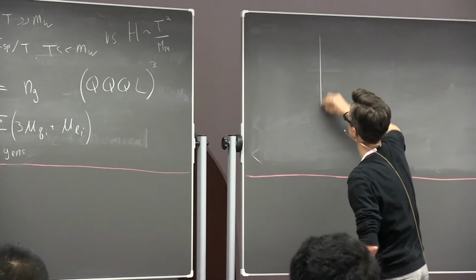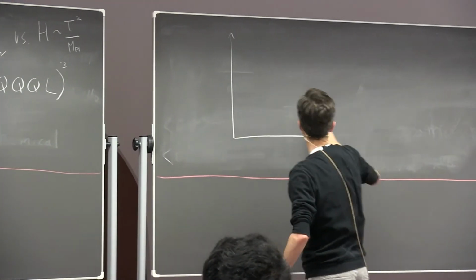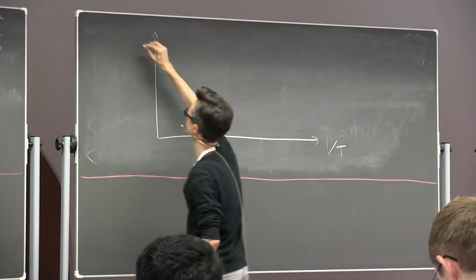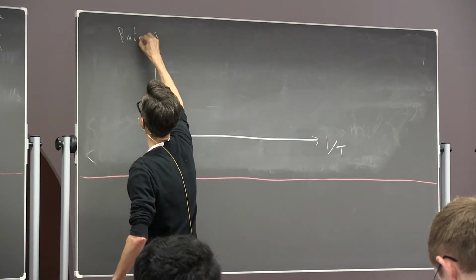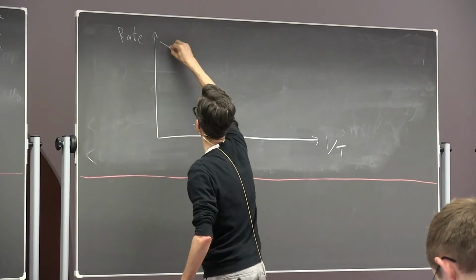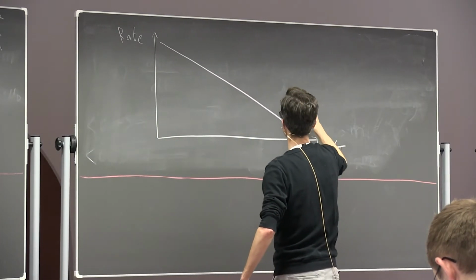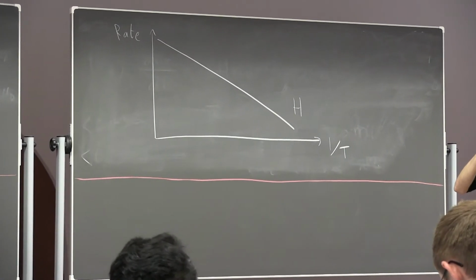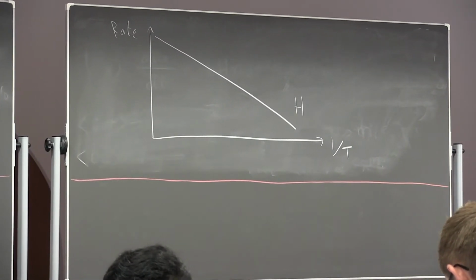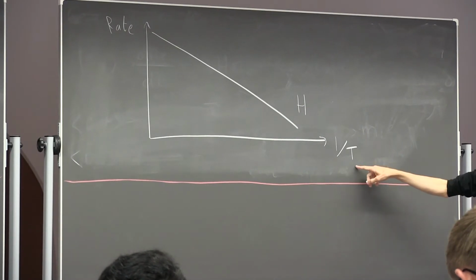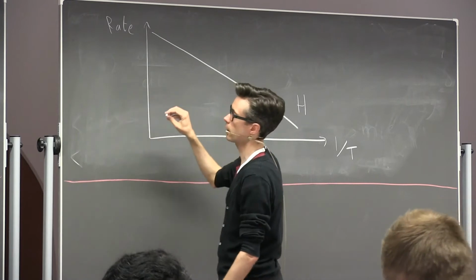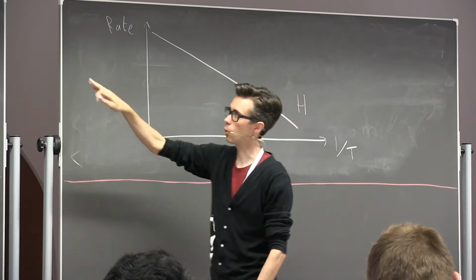if we plot the rate as a function of 1 over temperature, we have some line like this that corresponds to the Hubble rate. So it falls off like T squared. So this is going as 1 over T. On the other hand, my Sphaleron rate is going to fall off less quickly, well above the weak scale.